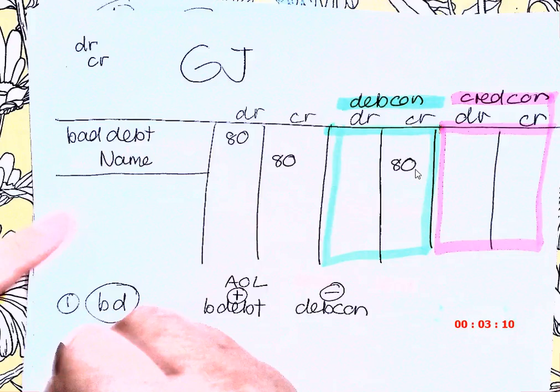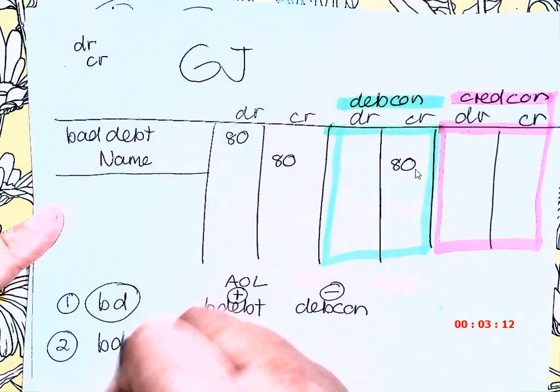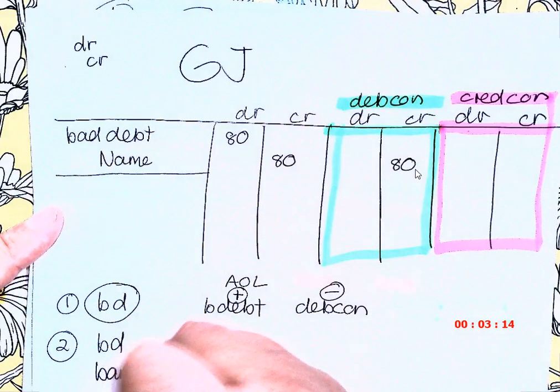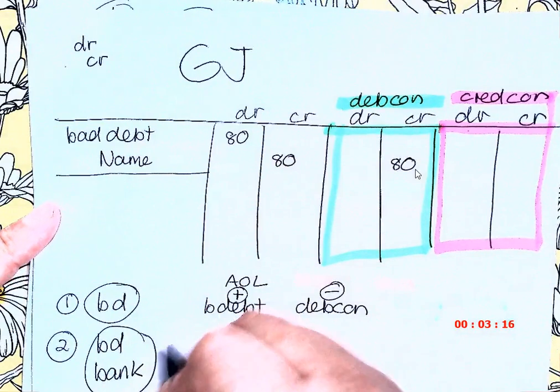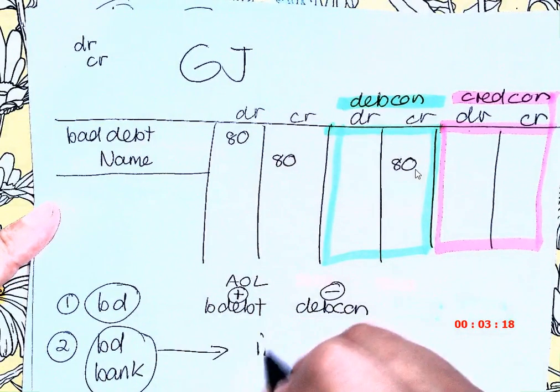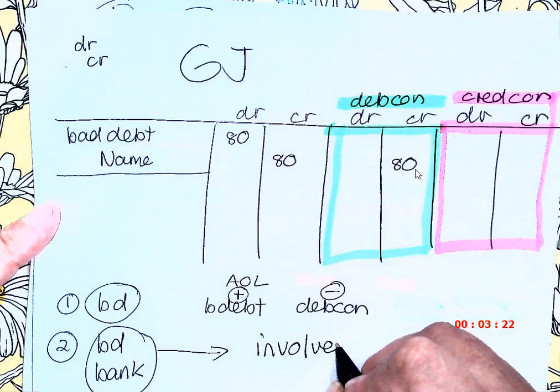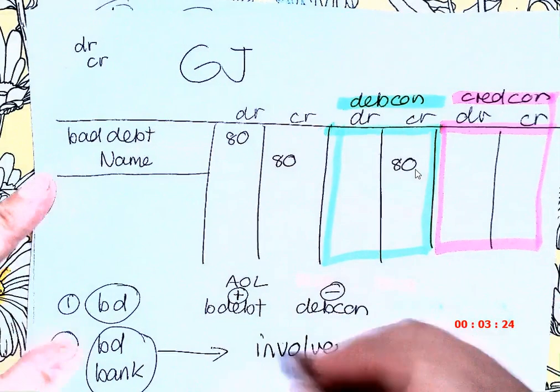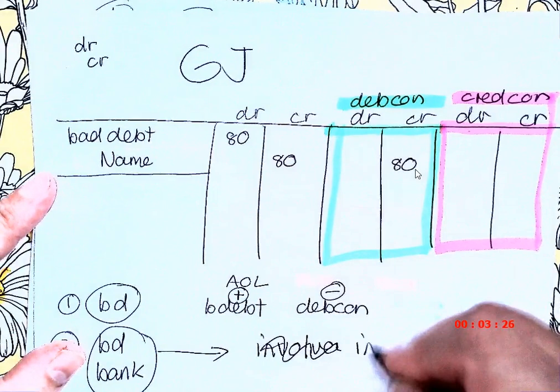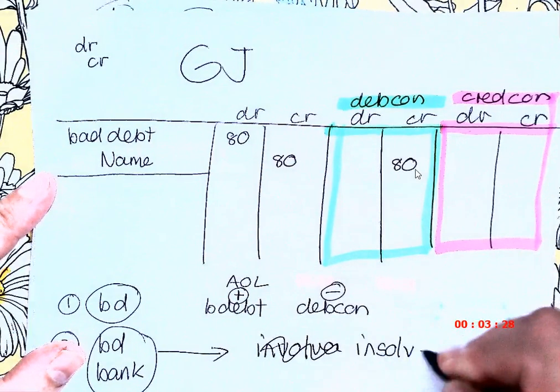Then we had a second scenario where I had bad debt and bank. Now, how does that work? This is when a debtor is insolvent.